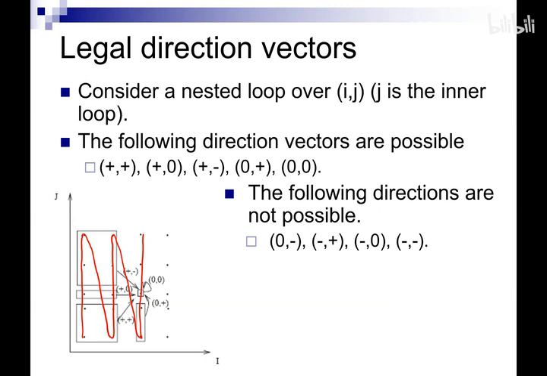For example, this dependence over here, the plus negative dependence. I'm going to erase this stuff, but just remember that we're going in this zigzag order over here. This is possible because we're going to do this iteration first, and then later on, we're going to do that iteration. So there can be a dependency from, oh, I'm sorry, I drew that wrong.